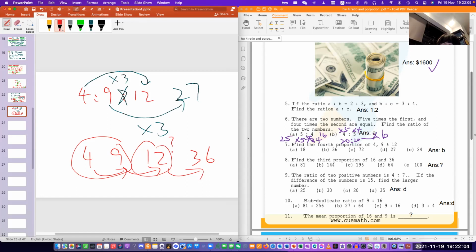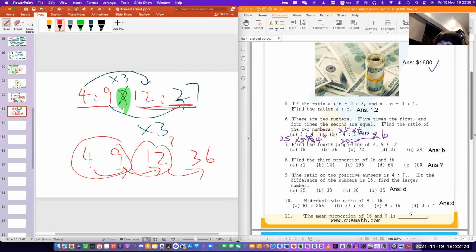It does not make sense because over here you need to see there is an n in between. Can you see the n in between? So that means the 4 to 9 is the first ratio and you are asked to find the second ratio, right?